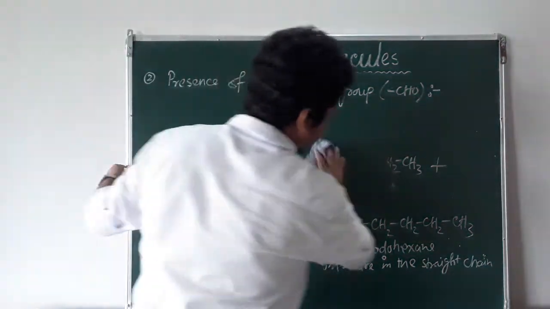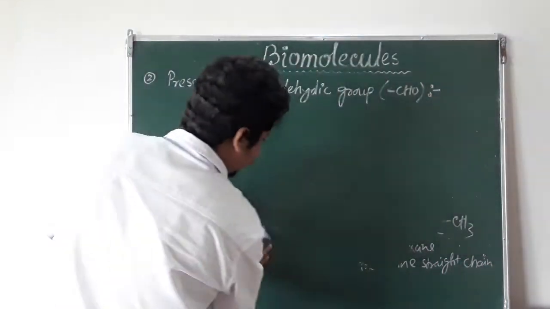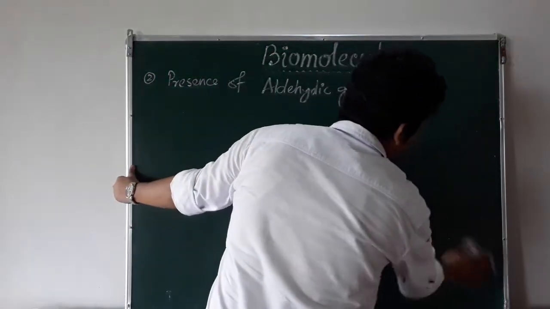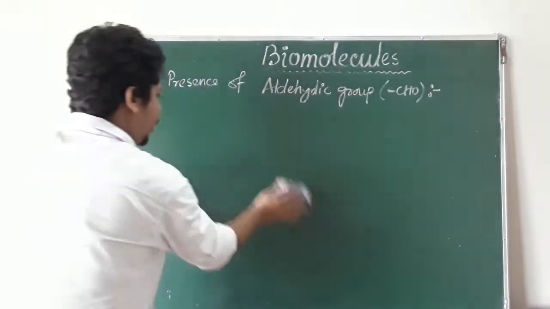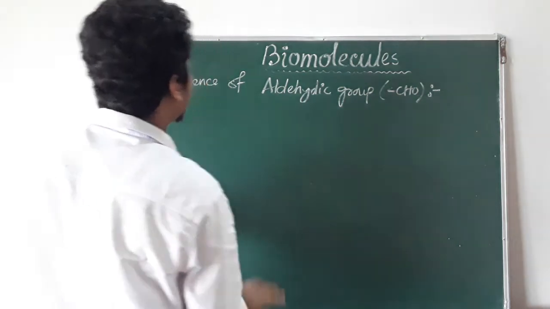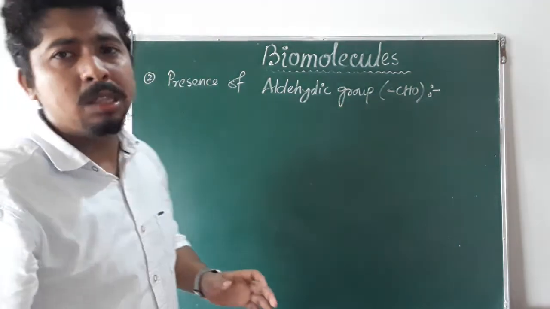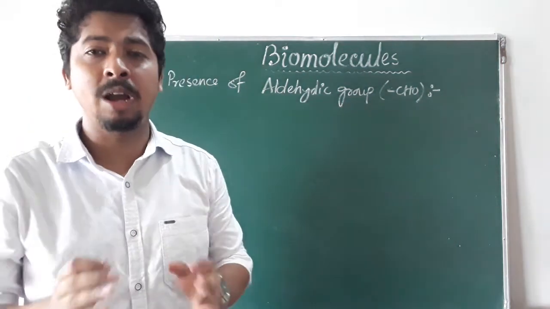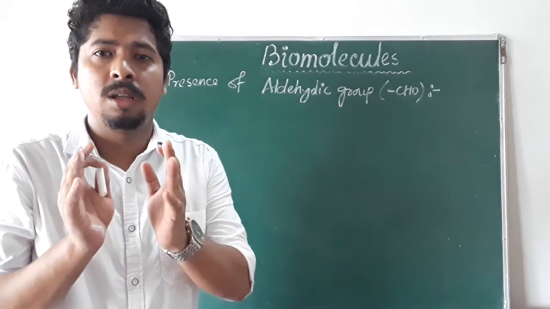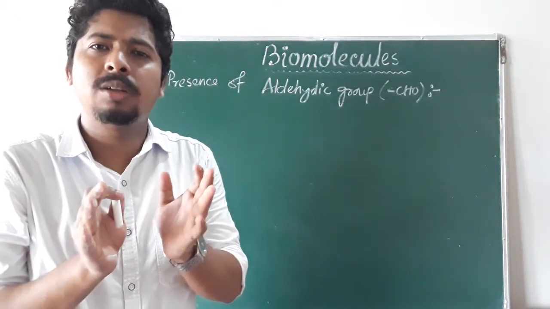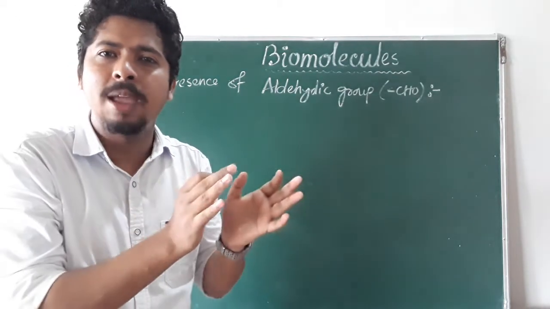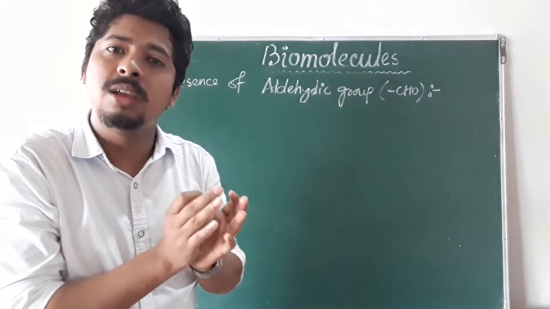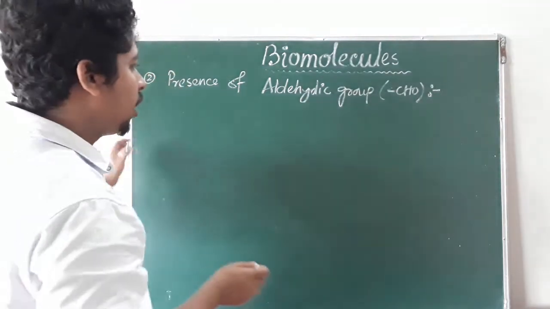With the help of different tests, we can confirm that this glucose contains an aldehyde group. Here you see this glucose on treatment with hydroxylamine and HCN will give oxime and cyanohydrin. Okay, so here I am writing the reaction.